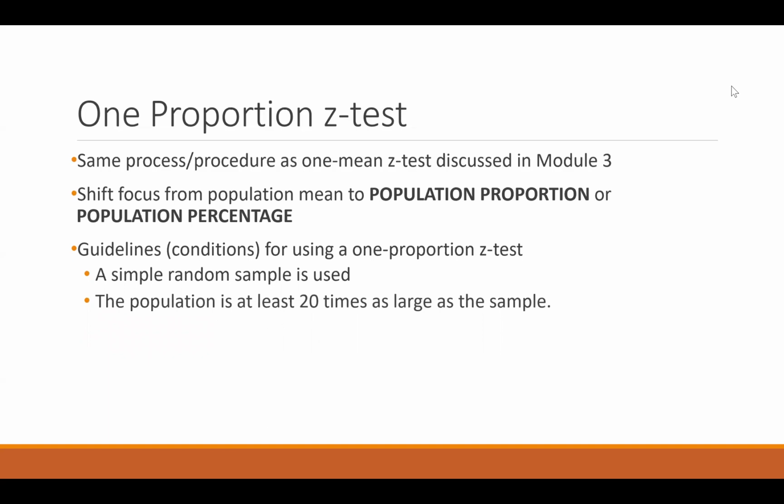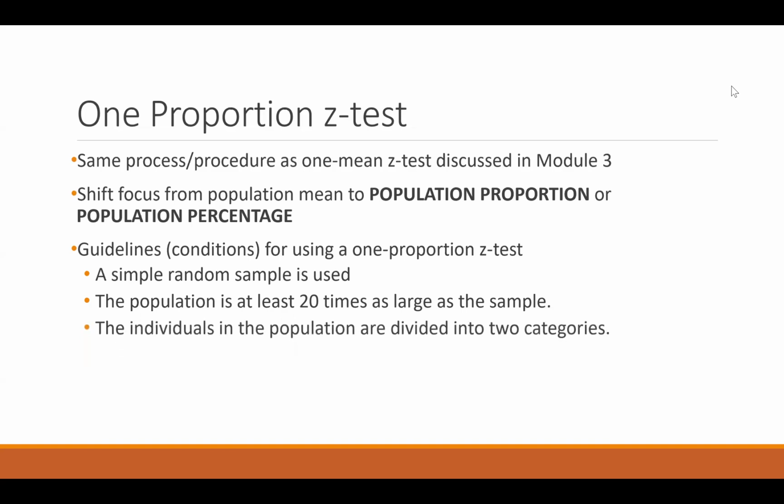Ideally, the population is at least 20 times as large as the sample. So if my sample has 5 values, 20 times that would be 100, so I'd like my population to be at least 100. Now that's not a very rigid requirement, but that's the ideal.